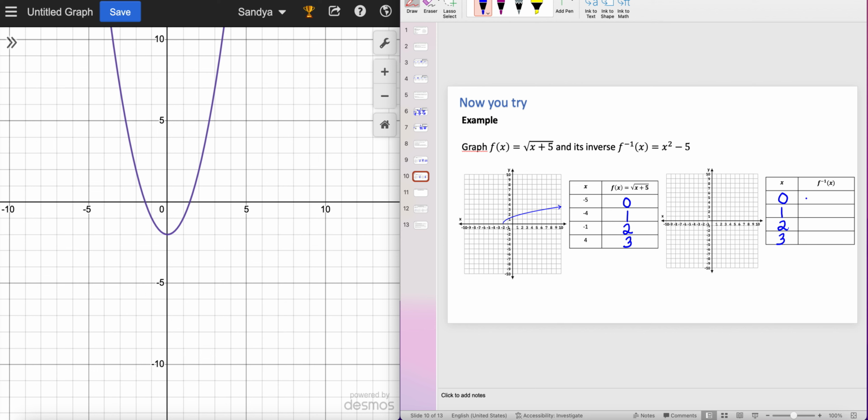And the x values are going to go into the f of x column, so we have -5, -4, -1, and 4. Once again, we're going to graph these: 0, -5, 1, -4, 2, -1, and 3, 4. When we graph it, it gives us half the graph of the parabola, but we can just draw in the other piece right here. So that is the graph of the inverse function.